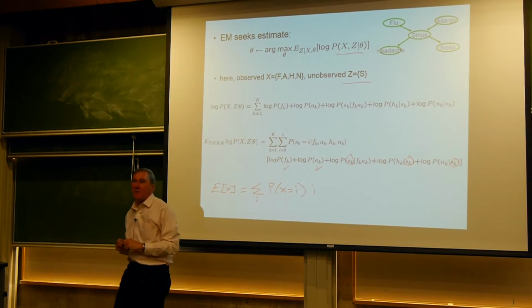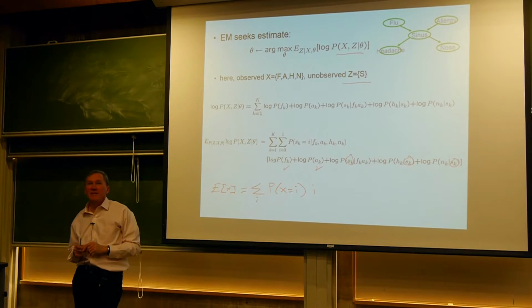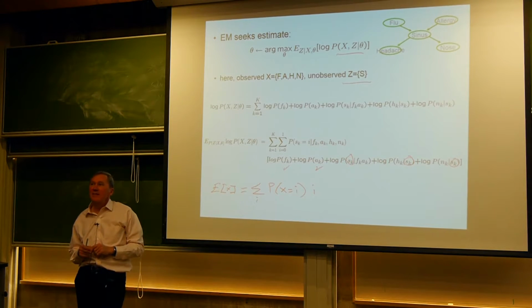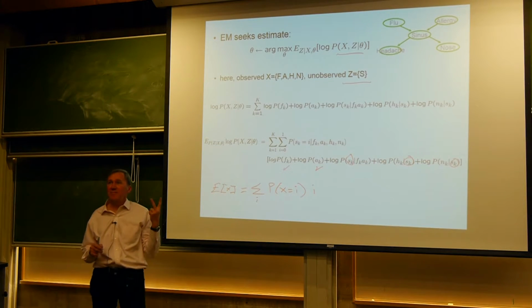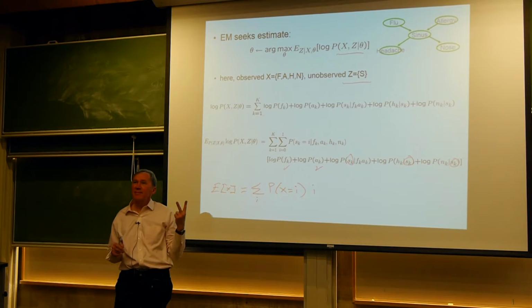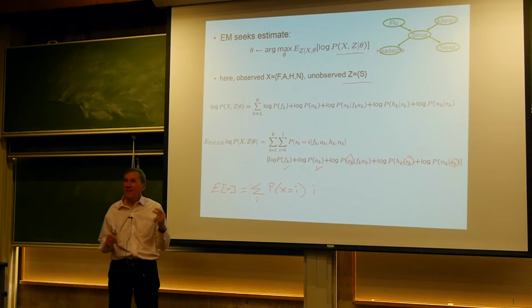How many joint assignments will I need to calculate? Two. What are they? Really?